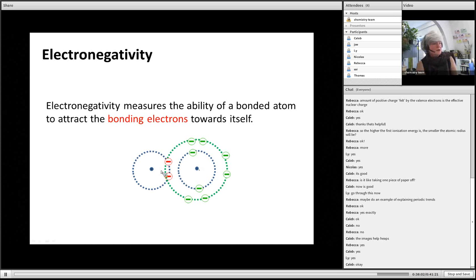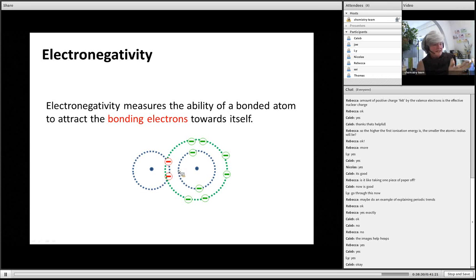So if this was, say, HF, then hydrogen shares its electron with fluorine, and so what would happen is fluorine, because it's on the top right, has a very much stronger electronegativity, so it actually draws those electrons more strongly to itself, leaving hydrogen pretty much bare.